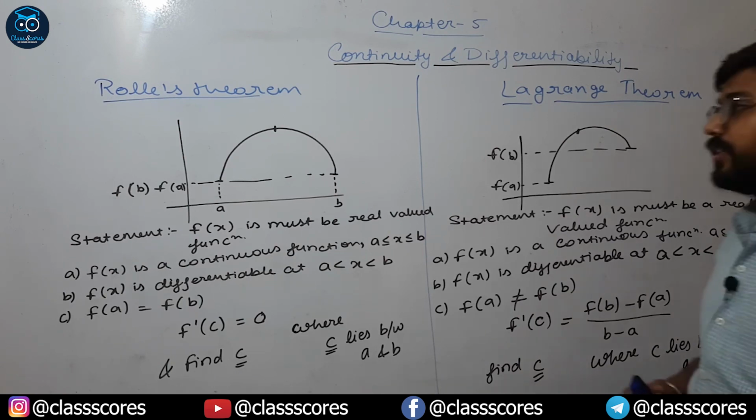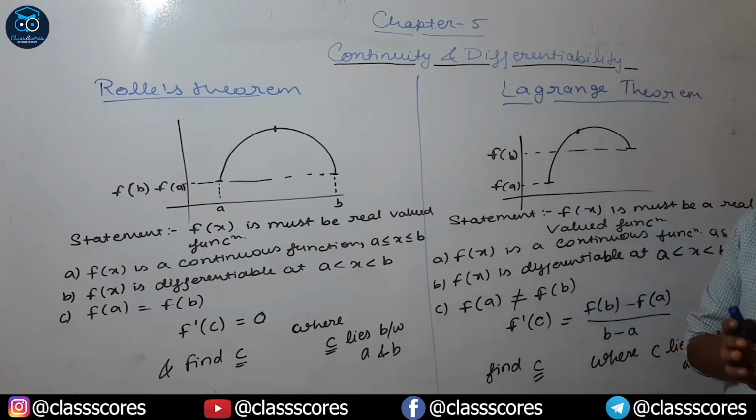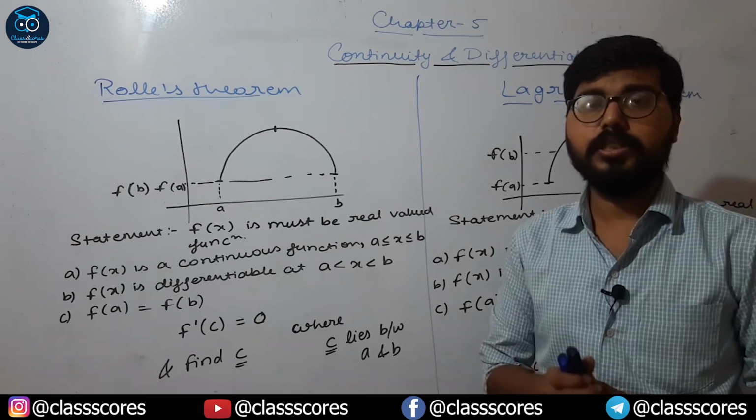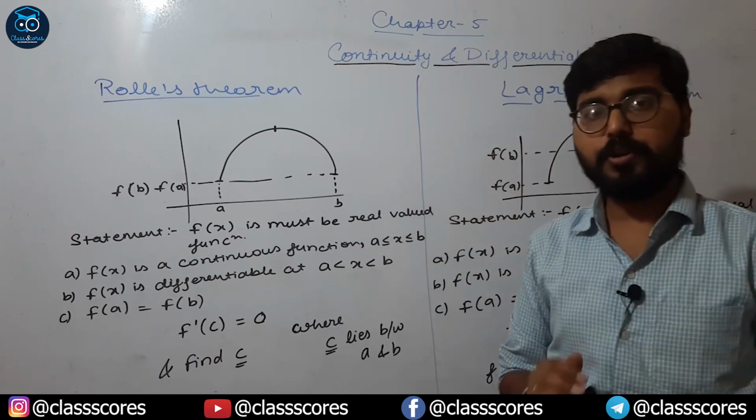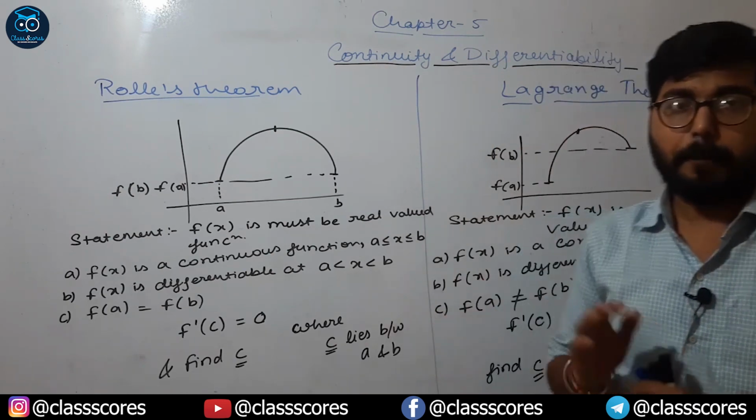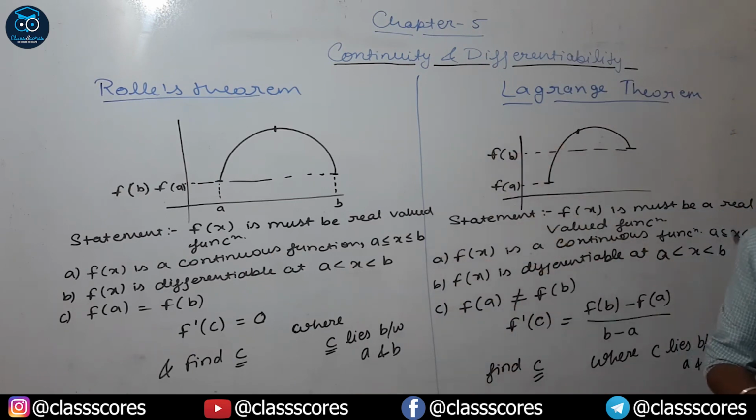I hope it is clear to all of you. So this is all about the chapter continuity and differentiability. In our next video we are going to solve some basic questions based on these topics. So that's all. Thank you.